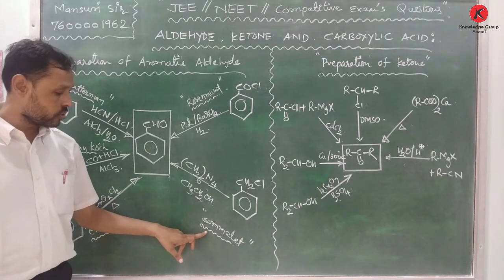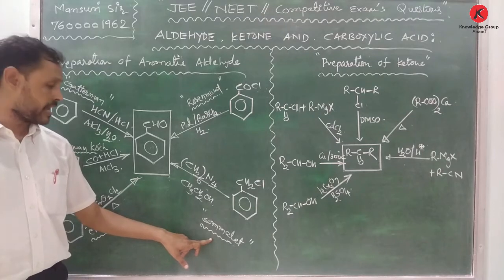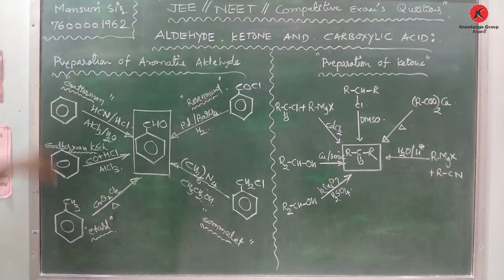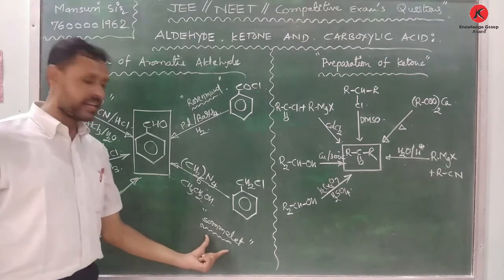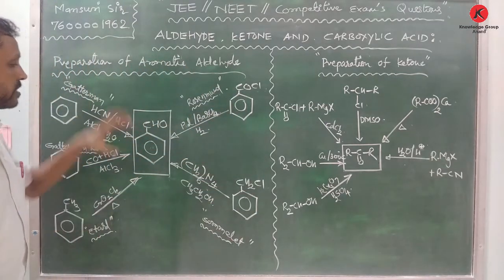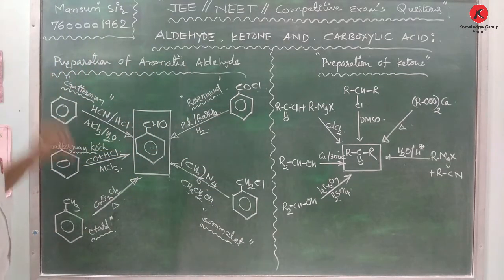This reaction is known as the Sommelet reaction. Now we can see here the Rosenmund reaction, Gattermann reaction, Gattermann-Koch reaction, Etard reaction, and by Sommelet reaction we can obtain benzaldehyde. So these were my preparations of aromatic aldehyde.